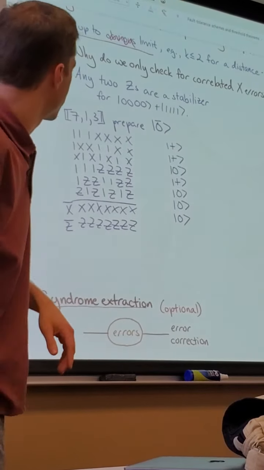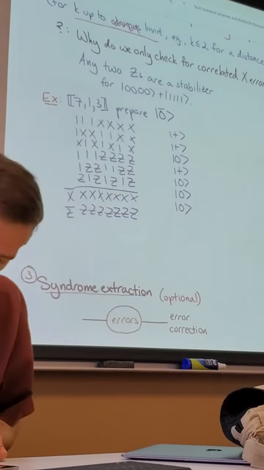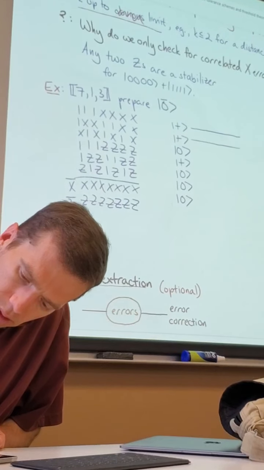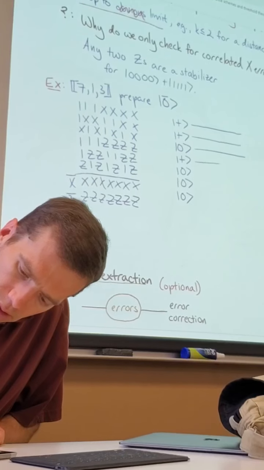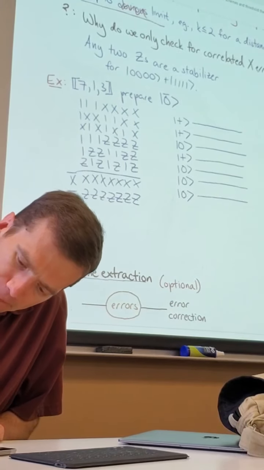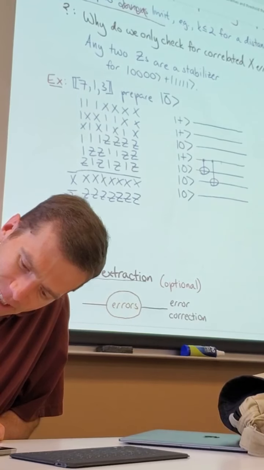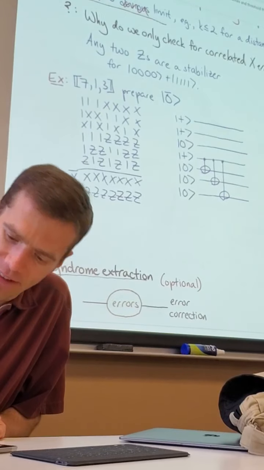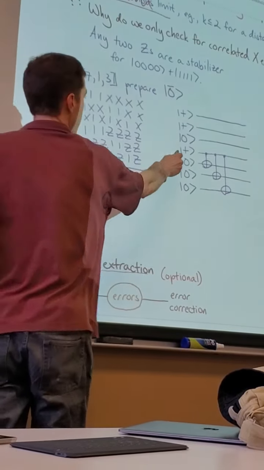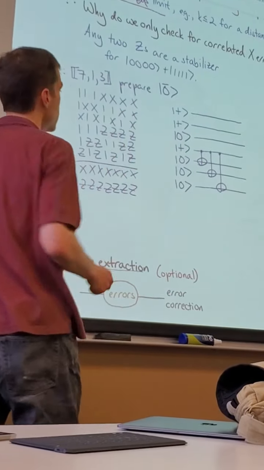Okay, let me just give you a circuit that does it. Well, I'll do it sort of a dumb way. So this looks like a 4-qubit cat state. It is a 4-qubit cat state. So that gives us X, which is this stabilizer.